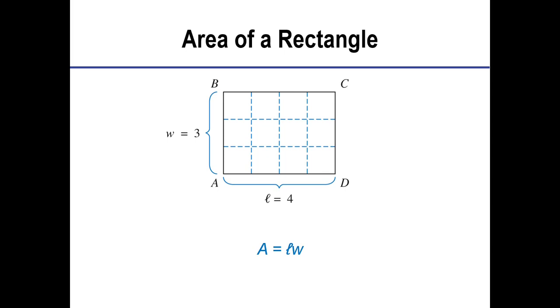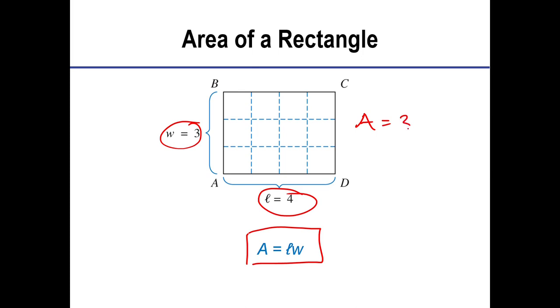Now we're going to go over the areas of common figures. For the area of a rectangle, it's going to be length times width. And here's an example where the length is 4, the width is 3, so the area is 3 times 4. So we have the area is 12 square units.